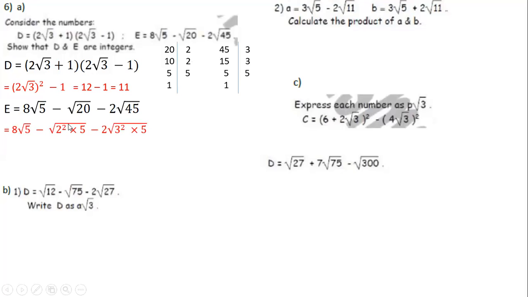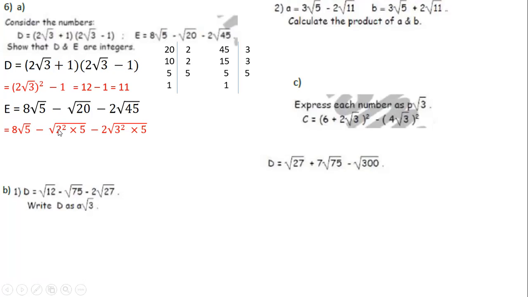Now 2 squared, what comes out of it? It goes outside as what? Adam, whenever we have a radical and inside we have a number squared, it goes outside.